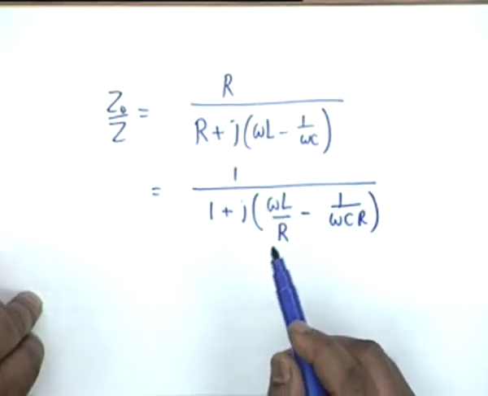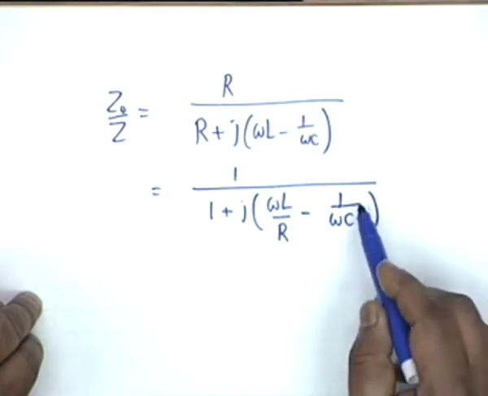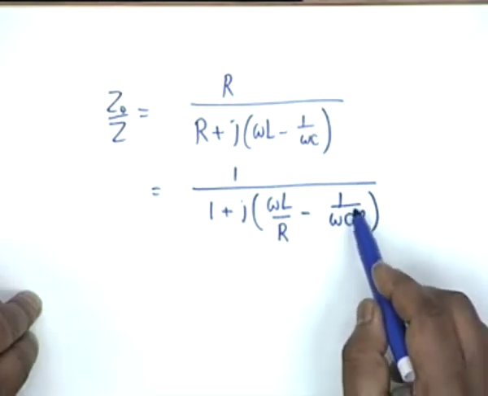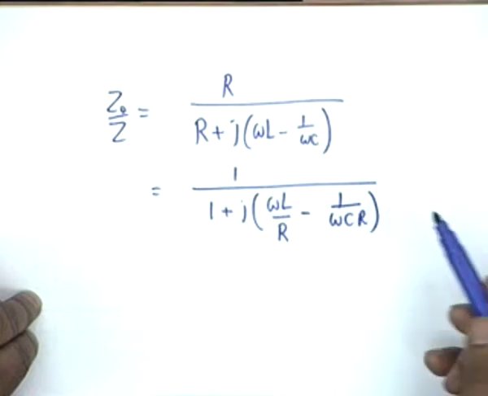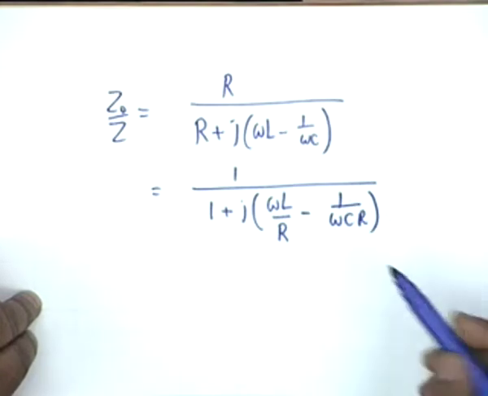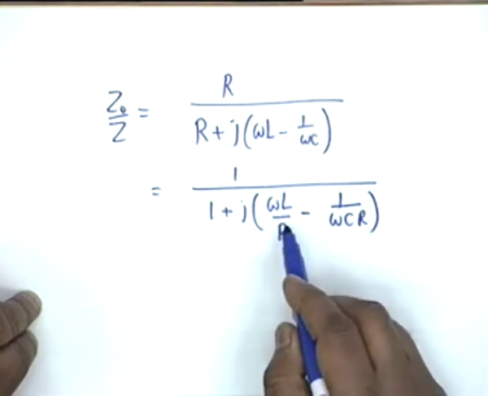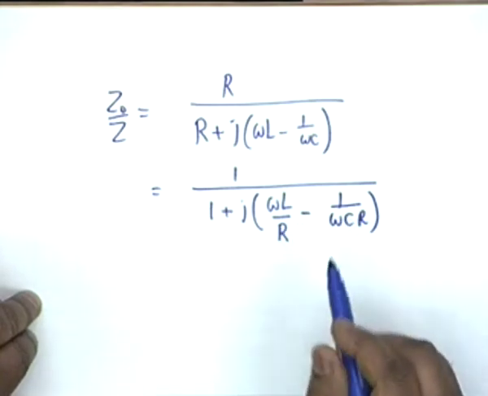Isn't that right? This is in ohms, this is in ohms. Similarly, 1 by omega C is in ohms, divided by R, so that is also dimensionless. It has to be, because you are adding one quantity to the other, so they have to be of the same dimension.